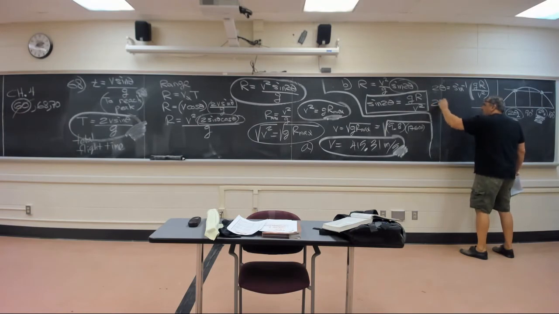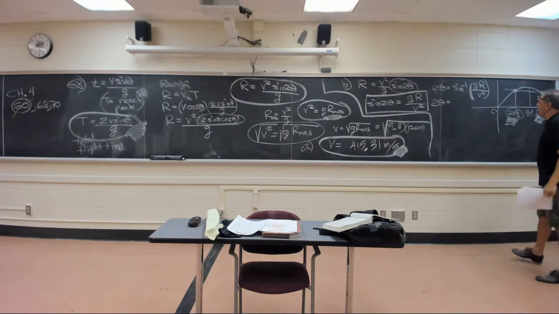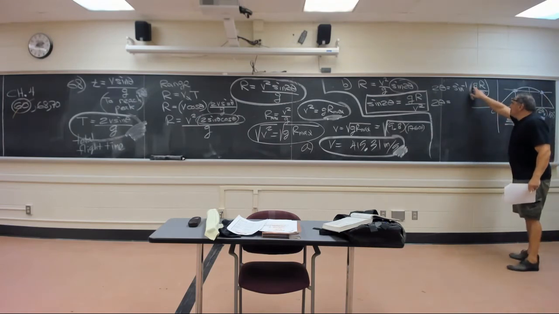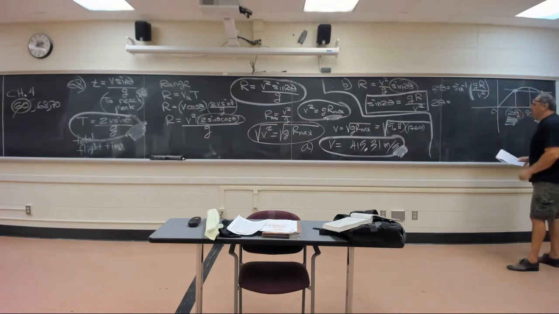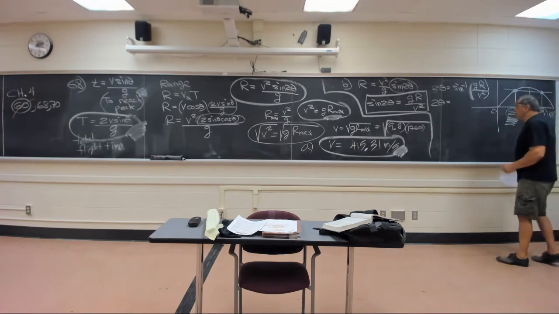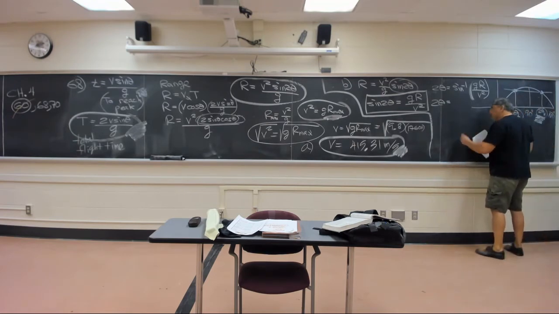The 2 theta under consideration, let's talk about it. If you put 9.8, 5,550, multiply these two, the 9.8 and the 5,550, and divide it by the square of 415.31, get the inverse sine on it, you're going to get 18.21 degrees.